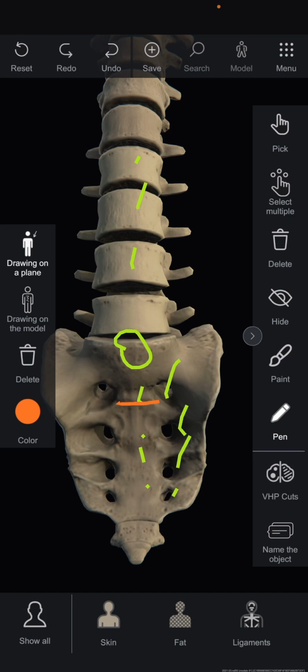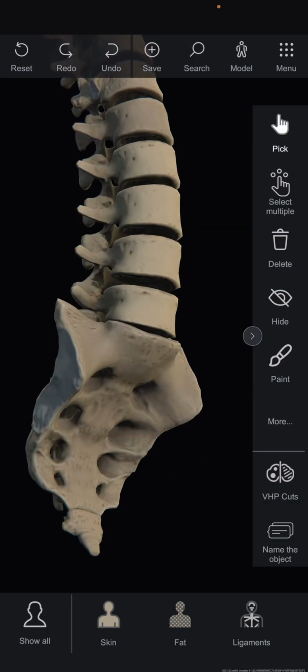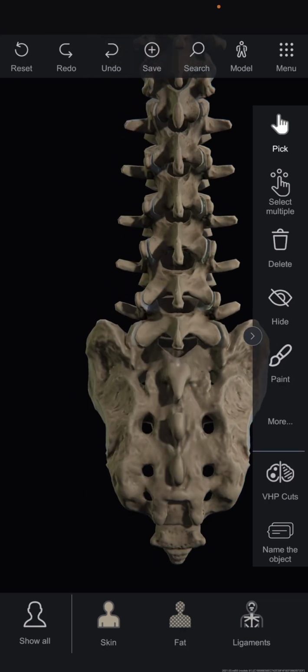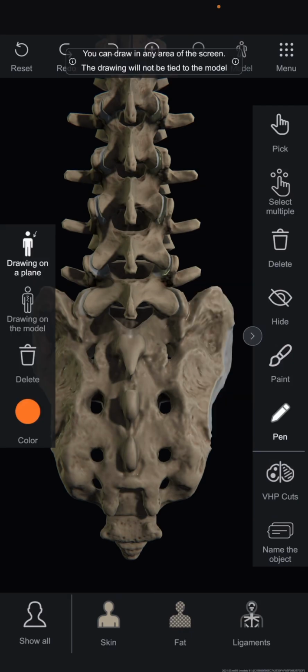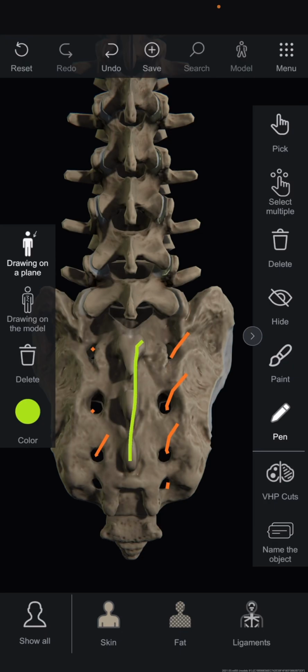Now we will discuss the posterior surface of the sacrum bone. From the posterior side, we also have posterior sacral foramens. Next, the important formation is the sacral crest. This is the median sacral crest, this is the intermediate sacral crest, and this is the lateral sacral crest.